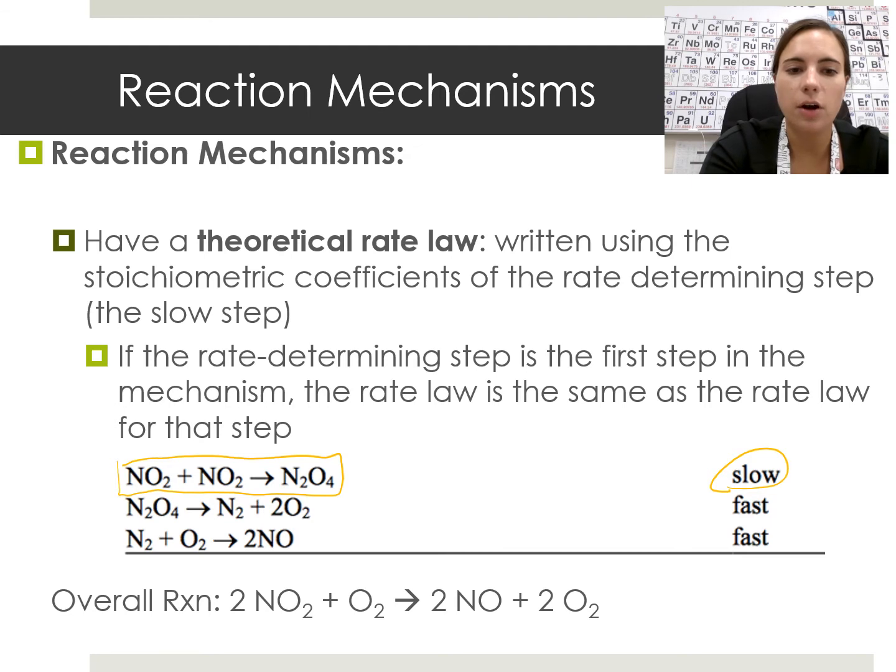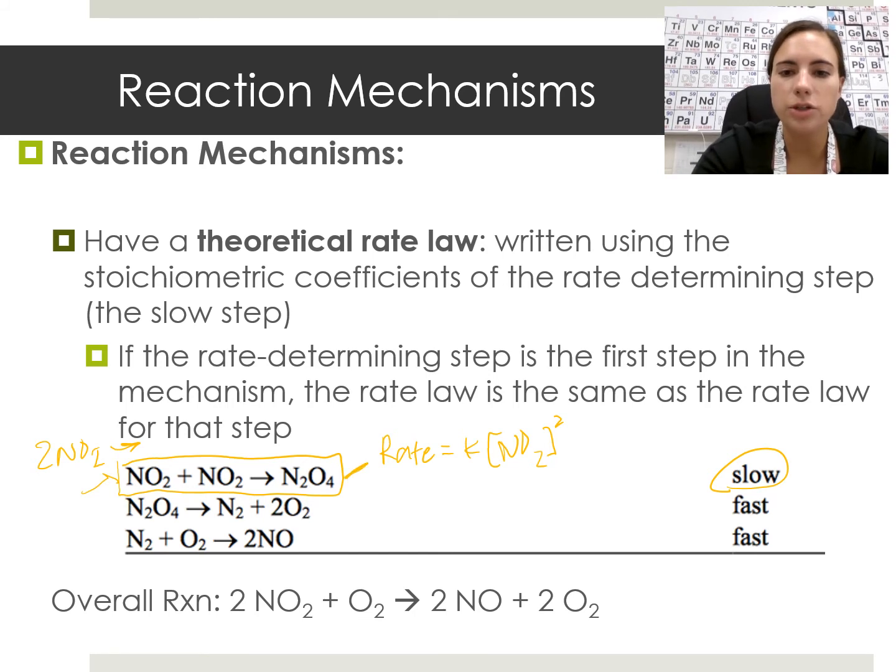Well, I see that there are 2 nitrogen dioxides, so my rate equals k times NO2 squared, because I could rewrite this as 2NO2. So the coefficient is 2. Only for an elementary reaction can I use the coefficients for the rate law. I cannot emphasize that enough.